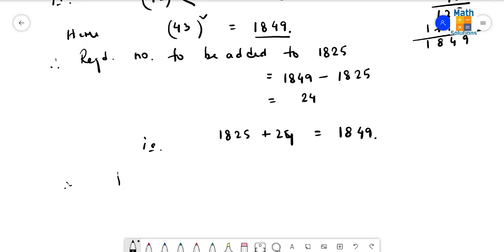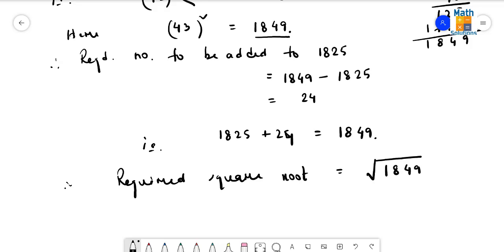Therefore, the required square root is equal to the square root of 1849. The answer, of course, comes as 43. So this is how we can solve this kind of sum. Thank you.